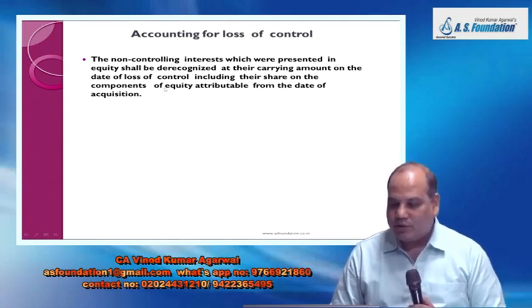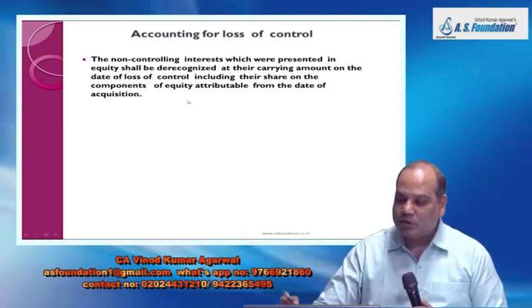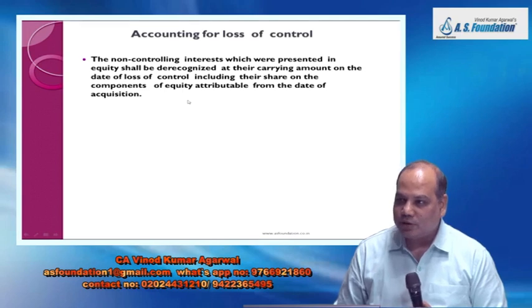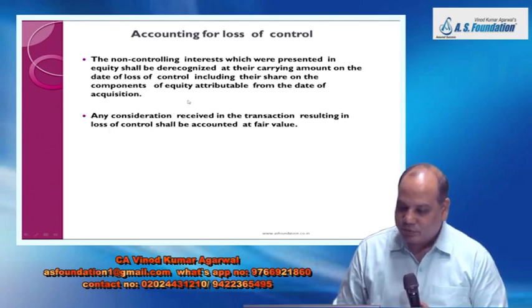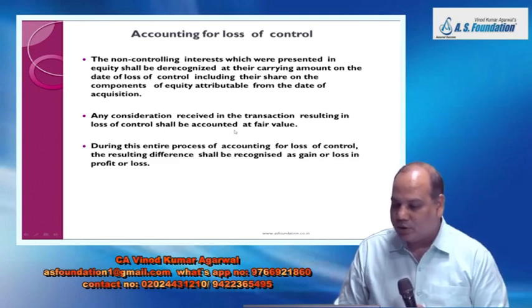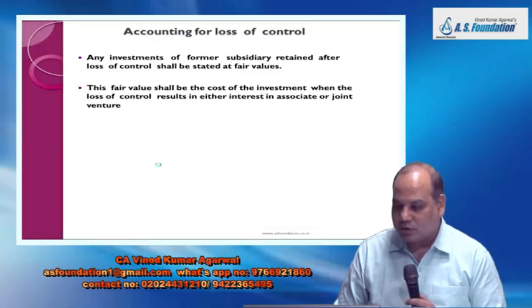So whatever is the NCI value on the date of acquisition plus whatever NCI share in equity we have added so far, derecognize. Any consideration received in the transaction resulting into loss of control will be accounted at fair value. And during this entire process of accounting for loss of control, the resulting difference shall be recognized as a gain or loss in profit and loss account.